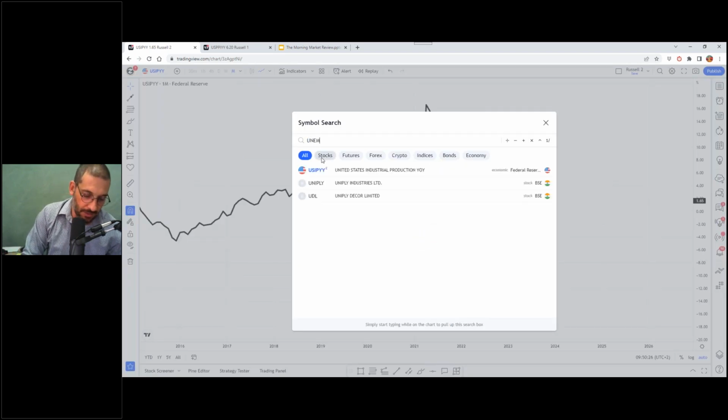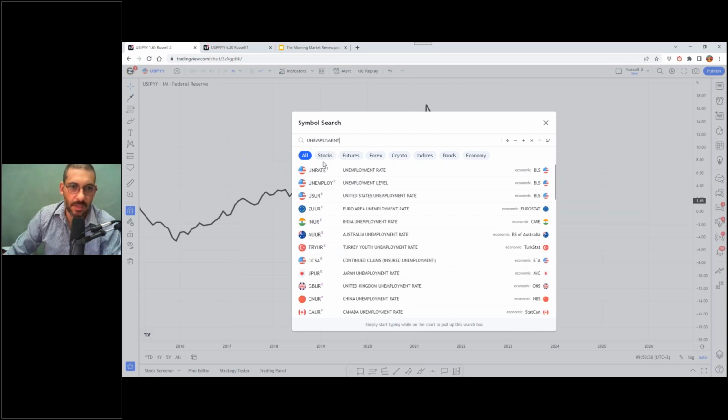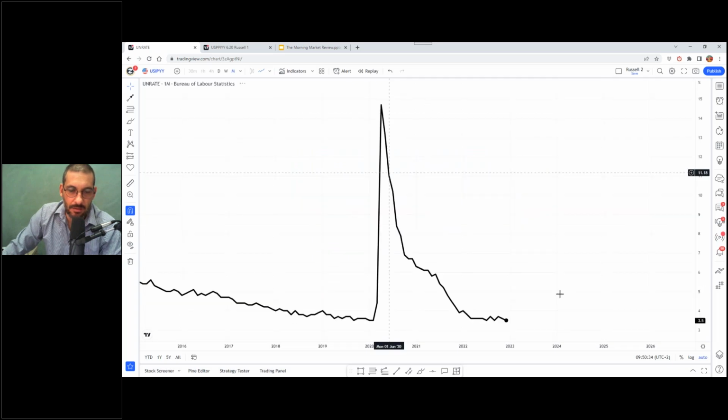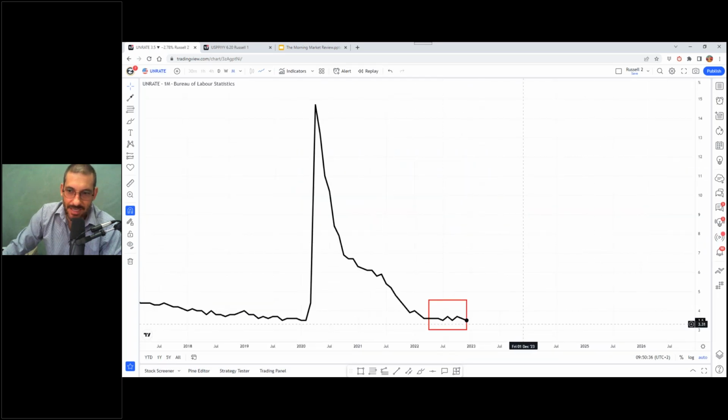U3 is a very narrow measure of employment. It looks terrific, at 3.5%. This should theoretically start ticking up if there is a recession.